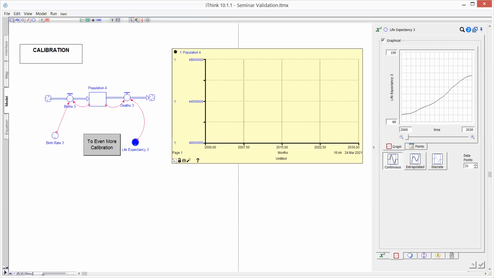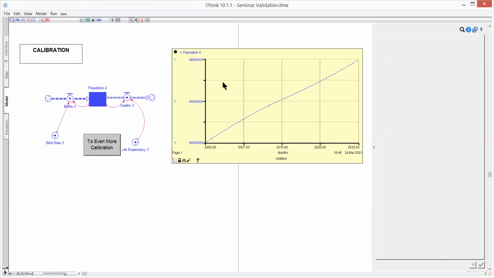But now what we can do is to start running a simulation that gives me a possible future, and I can calibrate. So I can basically, into this graph, map out what happened in the last 20 years, and then project what is going to happen in the next 10 years. You'll see my model runs from 2000 to 2030.